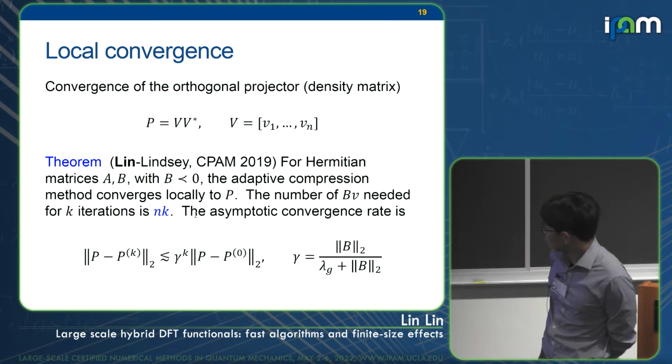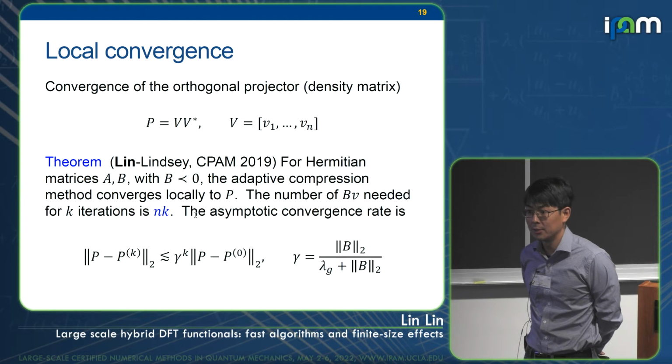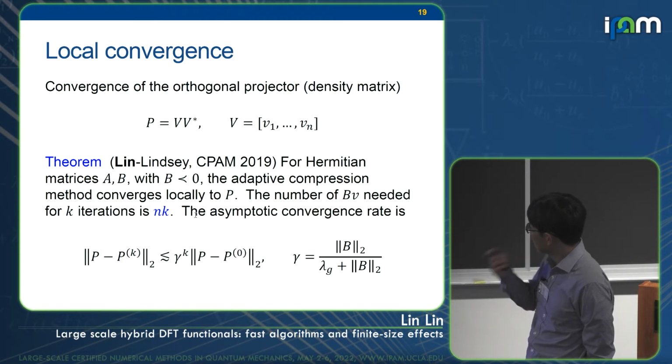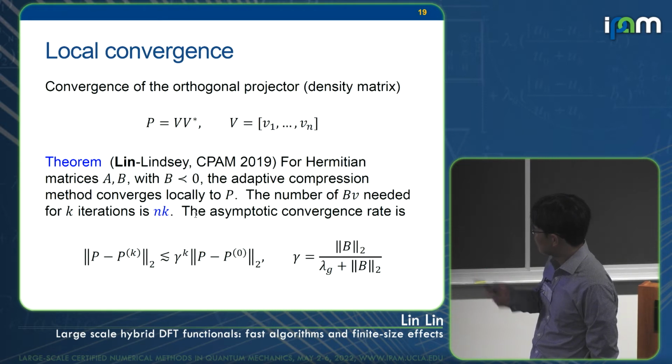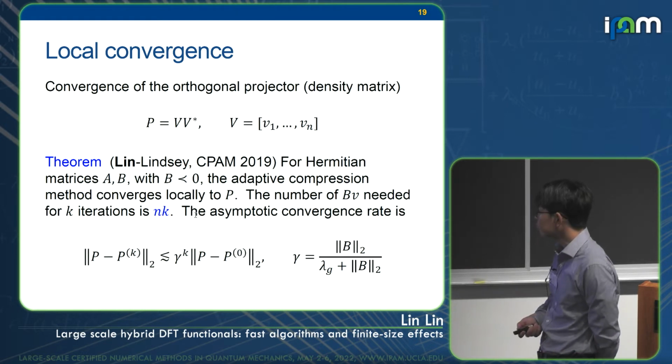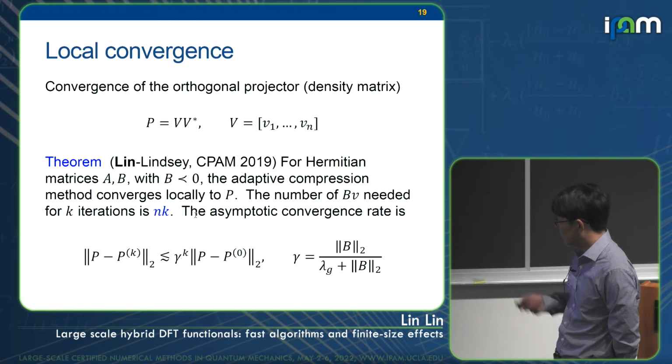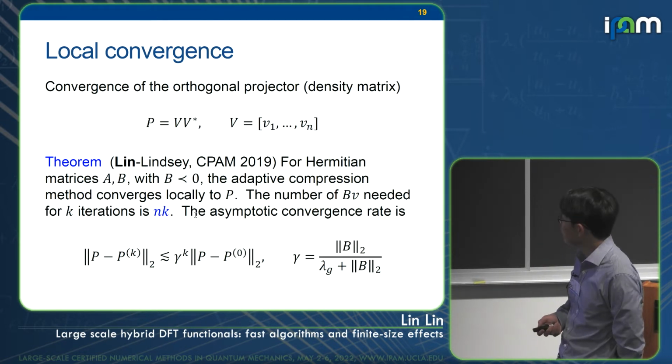So miraculously, this thing converges, and is actually provably convergent. But when we talk about the convergence, we need to talk about some sense, which is in terms of the orthogonal projector or the density matrix. Then what you can show is that it not only converges, but also with a rate.